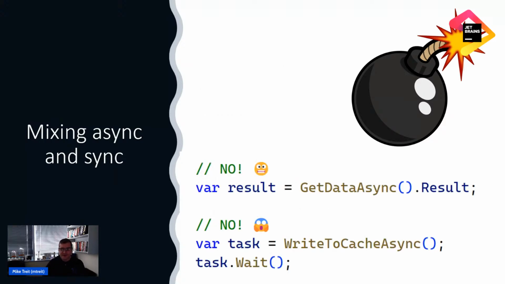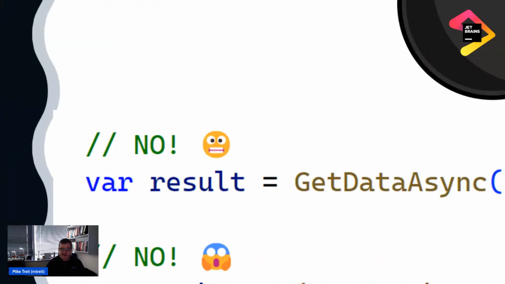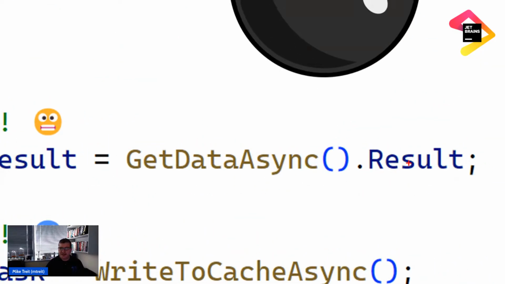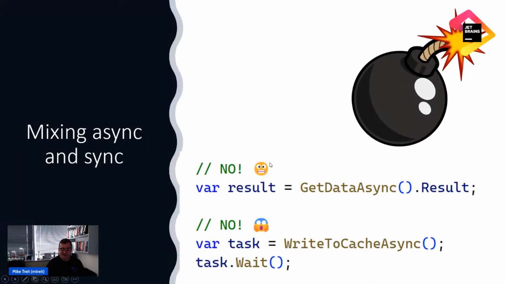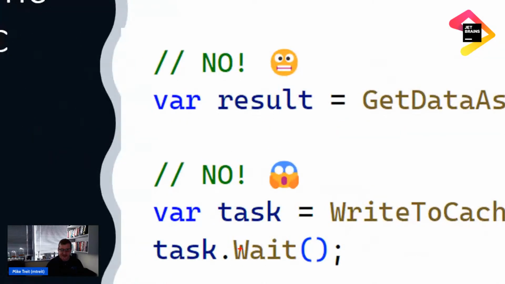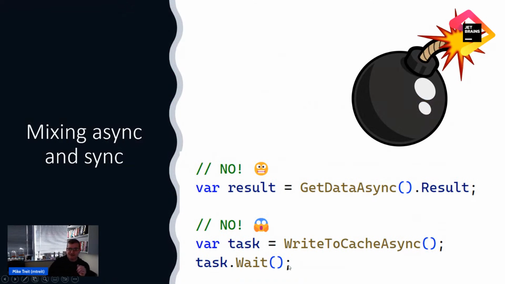So if you see in code something like GetDataAsync().Result, this should be your reaction. That's not good. And if you see something like WriteToCacheAsync and then you see this Wait, this is also not good. Alarm bells should be going off if you see code that's doing that.